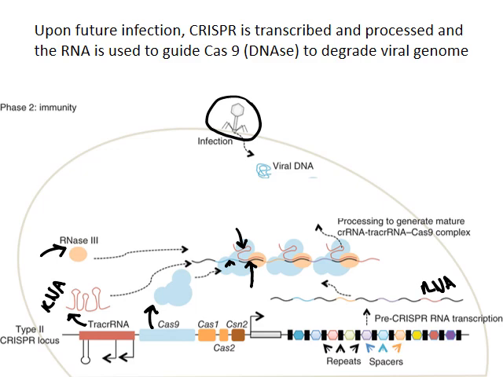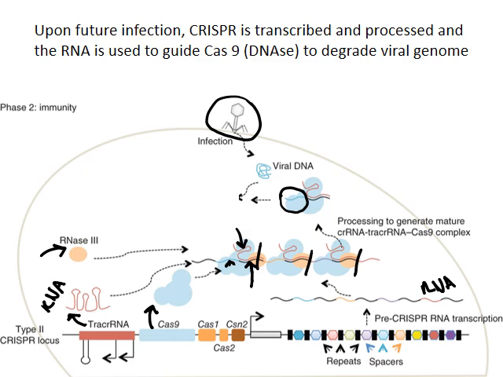Now our RNase 3 cleaves these so that we end up with a mature Cas9 protein that includes the repeat hybridized to our tracrRNA and also the spacer. Remember that the spacer represents the viral DNA from the previous infection, and so it's going to hybridize to that viral DNA.